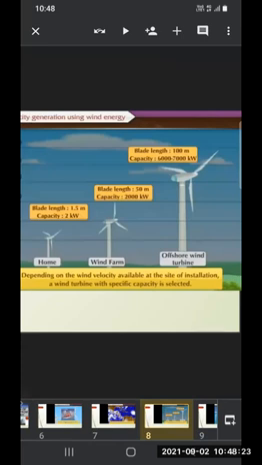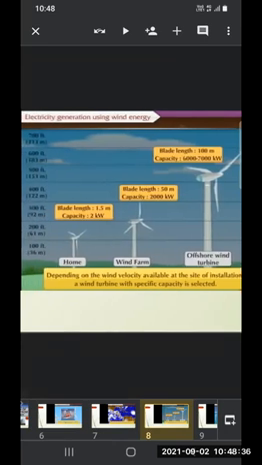Depending on the wind velocity available at the site of installation, a wind turbine with specific capacity is selected. Now see, with a blade length of 1.5 meters the capacity is 2, so it is used for the home.